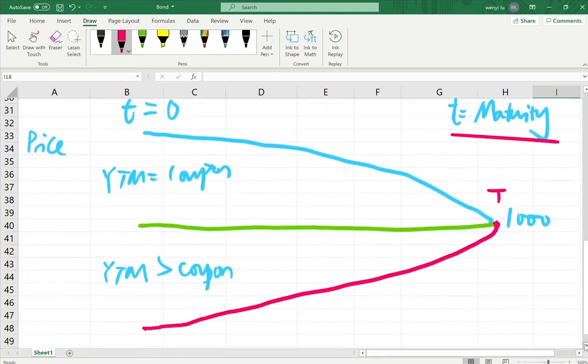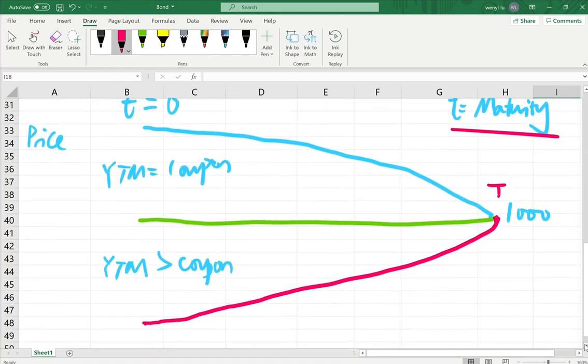So that's the graph. I hope you can take notes for this graph. Next time, if you want to determine the price trend of the bond, you can compare the yield to maturity to the coupon rate. If the yield to maturity is more than the coupon rate, in the future the bond price will move up. But if the yield to maturity happens to equal the coupon rate, the price of the bond will always stay the same.